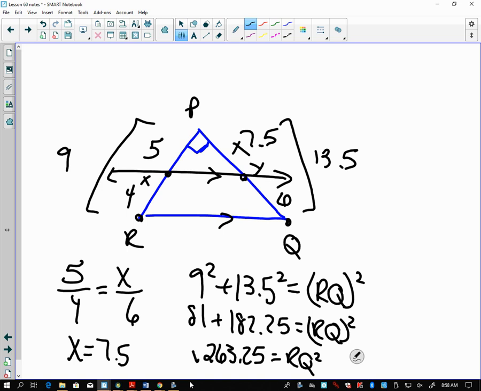Okay, we want just the square root of that though, right? All right, we got 16.22 for my answer.